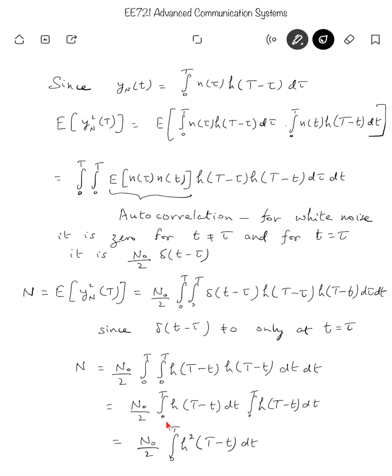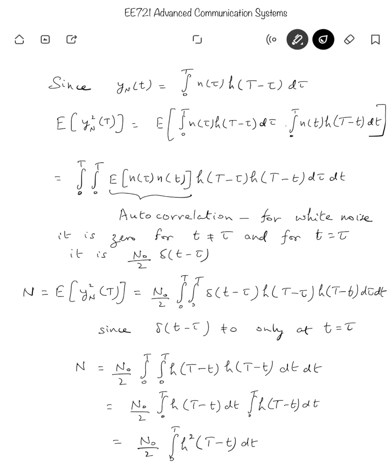If you look at this equation, it is nothing but the energy of the impulse response, right? If you have the impulse response h of t, this integral of h square of t is nothing but the energy of the impulse response. So we see that the noise power depends on the power spectral density of the noise process and the energy of the impulse response.